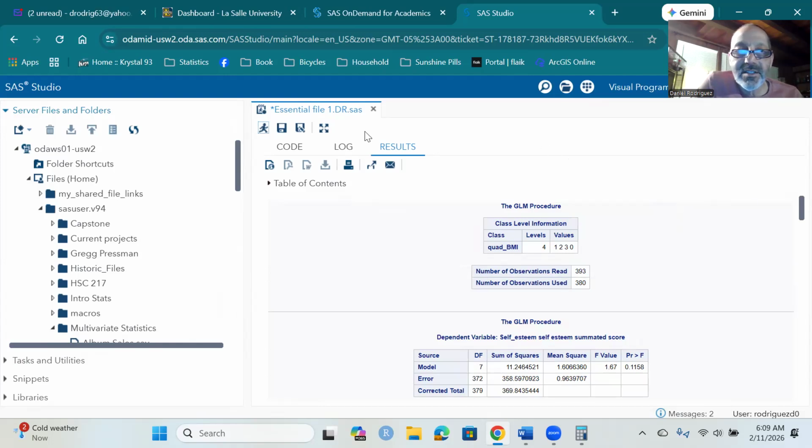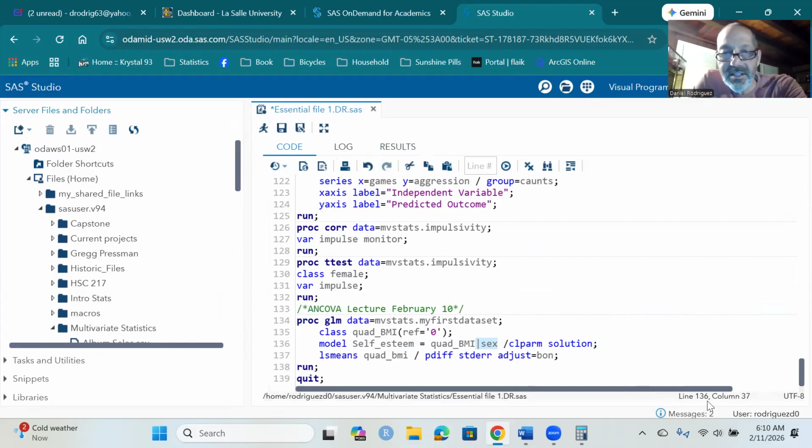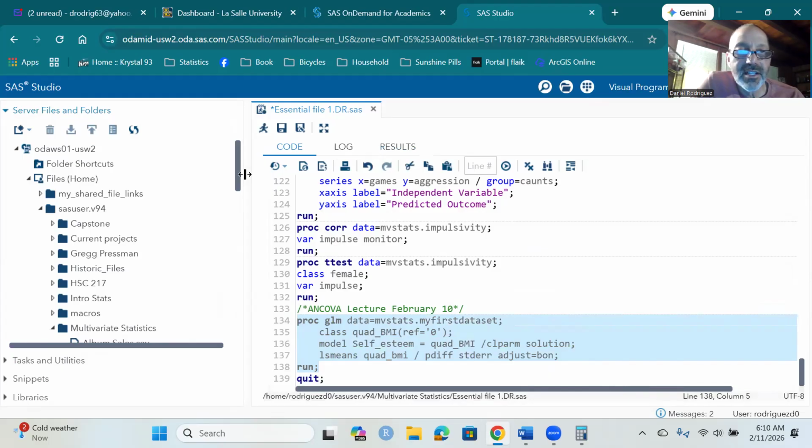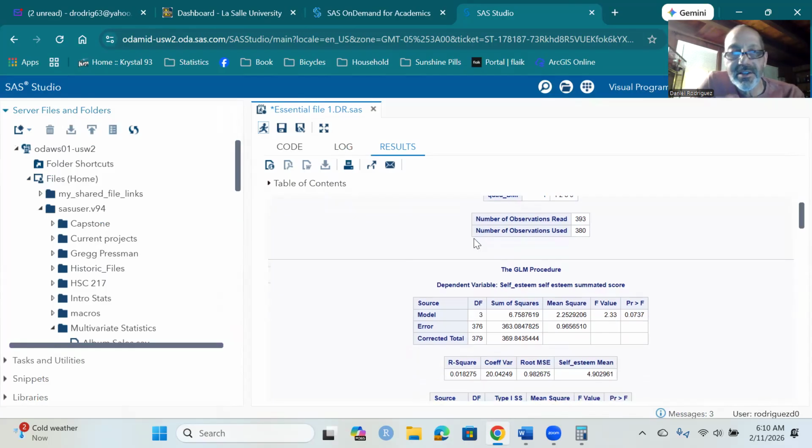So let me take a look real quick at running just a general ANOVA, but using proc GLM. But I'm going to eliminate this. There's a proc ANOVA, but let me see if I can run it with proc GLM as well. Yeah, there you go.